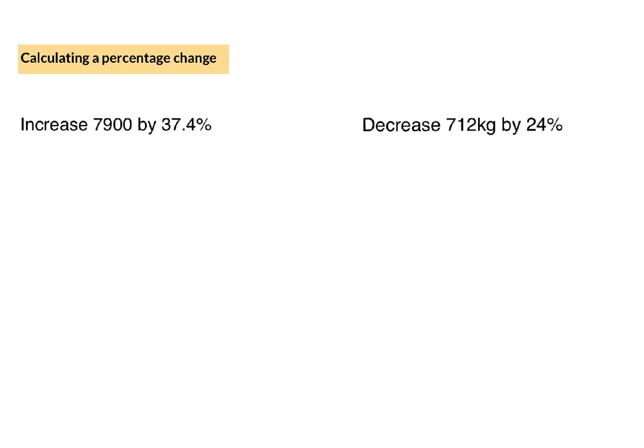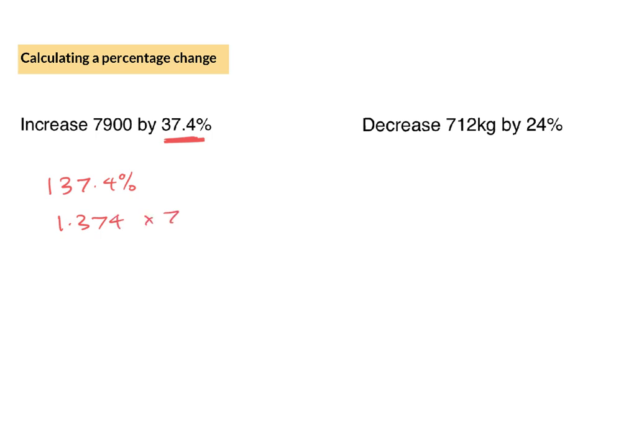Now we have percentage change, so an increase and a decrease. Again, I'll show you the quickest method that we can use for this. If I'm increasing something by 37.4%, that means at the end of my calculation, I will have 137.4% of the original amount. So that as a decimal is 1.374.